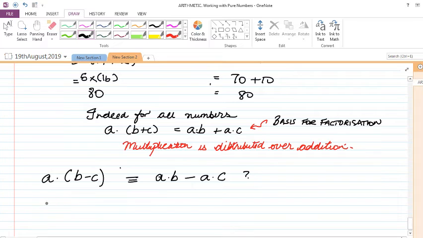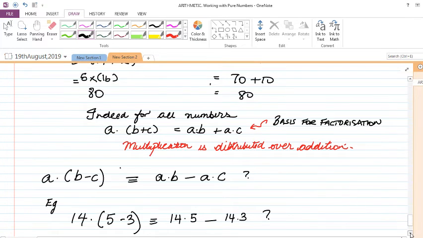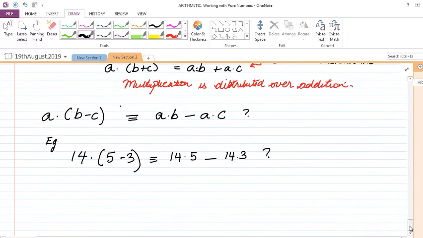Well, let's take some examples. So I'll take 14, I'll multiply 5 take away 3, yes. I'll deliberately avoid negative numbers for now. I want to see whether that's equal to 14 by 5, less 14 by 3. So 5 minus 3 is 2, so this is actually 14 by 2.